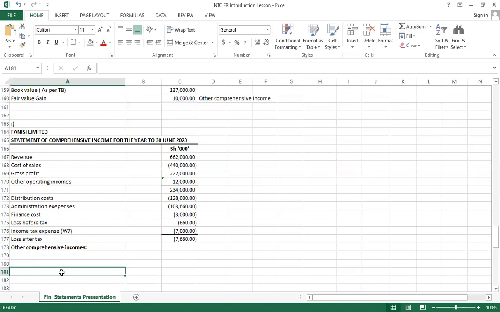Now, in our workings, we have seen that we have 2 other comprehensive incomes. One is the revaluation surplus.